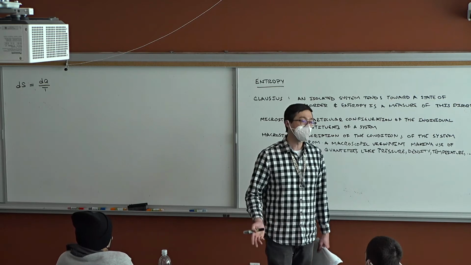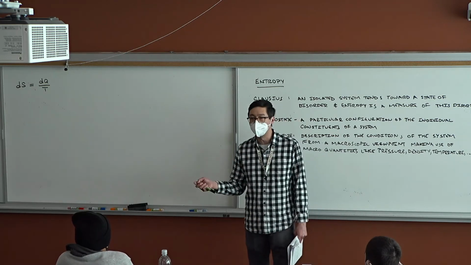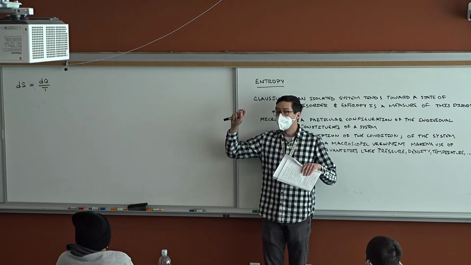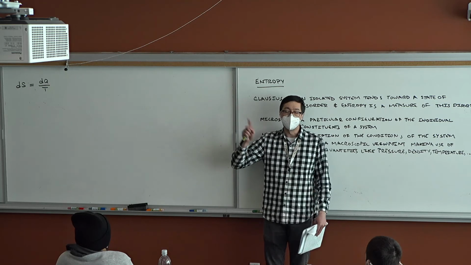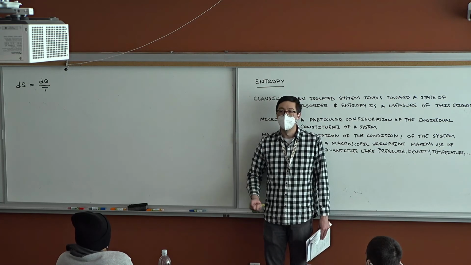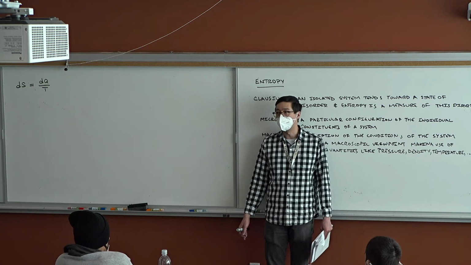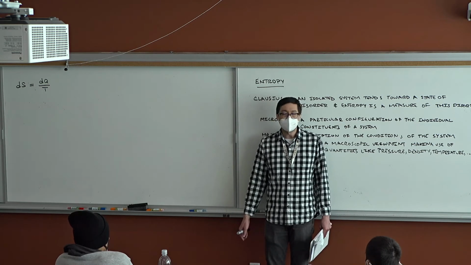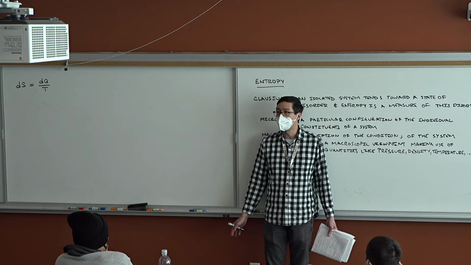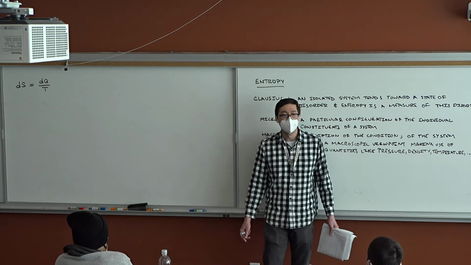And since it's a state variable, as long as what you care about is the starting and ending values, or the difference between them, then the path you took to get there we're less worried about. So pick an easy path is kind of the way we play this game.